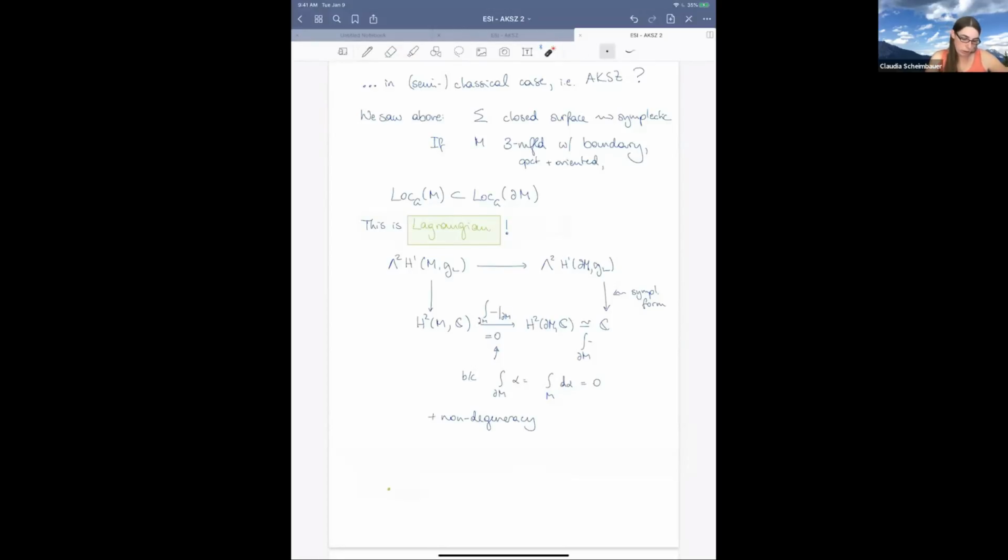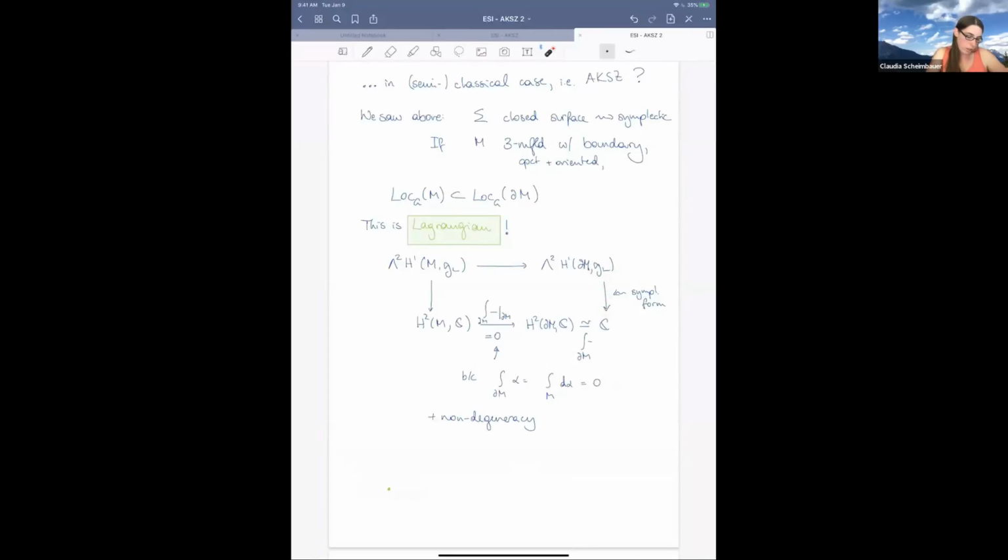And basically you can look at this diagram and this shows why this is isotropic, but then there's also non-degeneracy that you can see. And of course, as you can probably guess, this has to do with Stokes' theorem. So before we were looking at this map here, and that was the symplectic form.